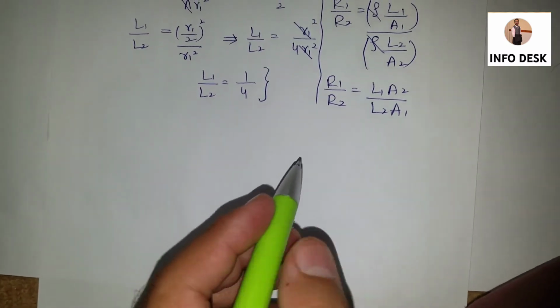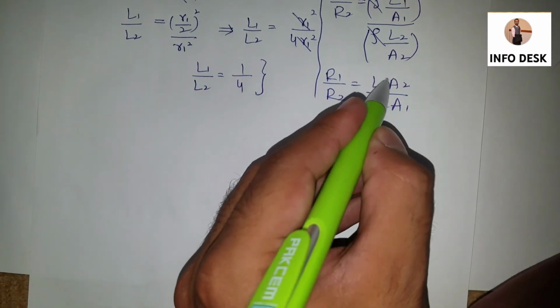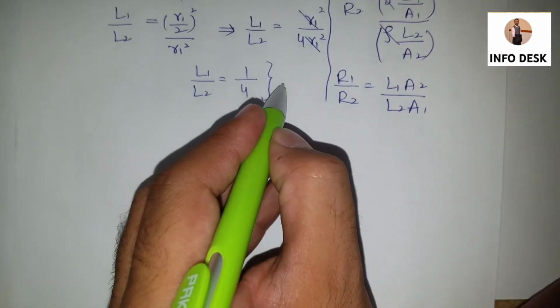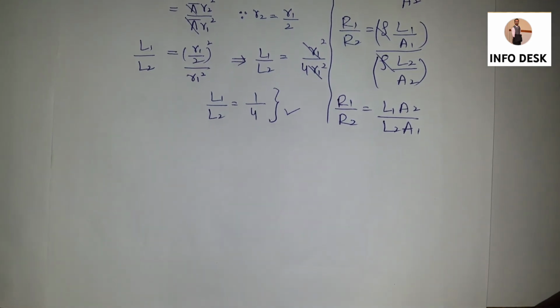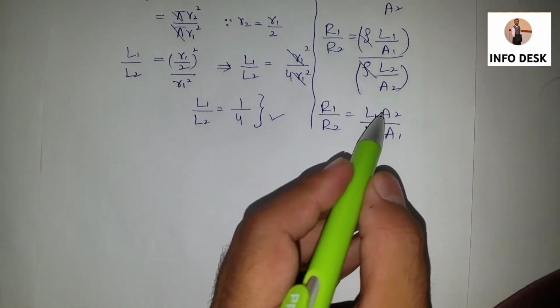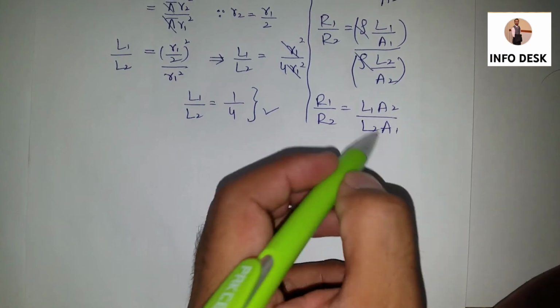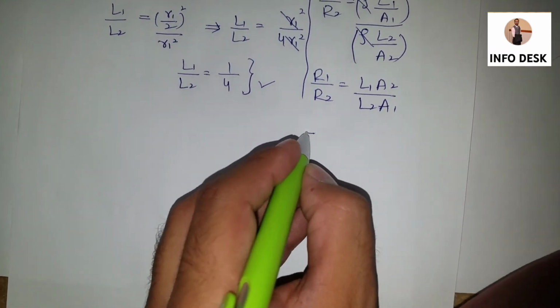Now we have to put the value of L1 over L2 from this side. We already found the ratio of the lengths L1 over L2, and by putting the formula of area we can find the ratio of A2 over A1.